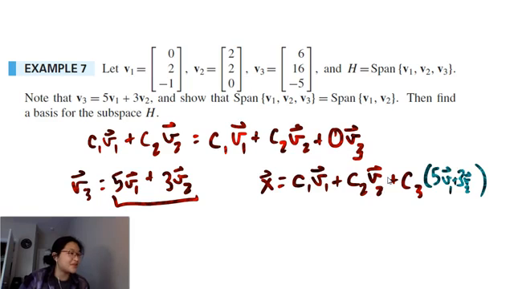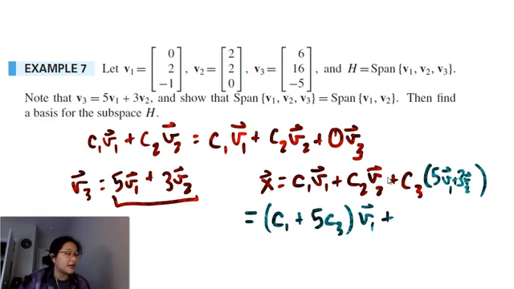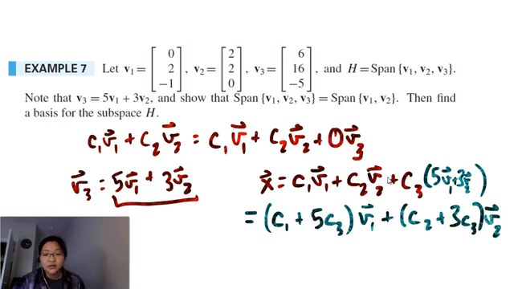We can rearrange this. So this is equal to (C1 plus 5C3) times V1, and (C2 plus 3C3) times V2. And so we know that x is in the span of V1 and V2 because we can write it just as a linear combination of V1 and V2.